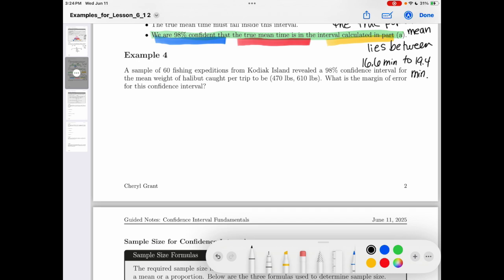Okay, so for example 4, I want to practice one more time finding the components of the confidence interval, and then we're going to practice making a statement or a conclusion about that confidence interval.